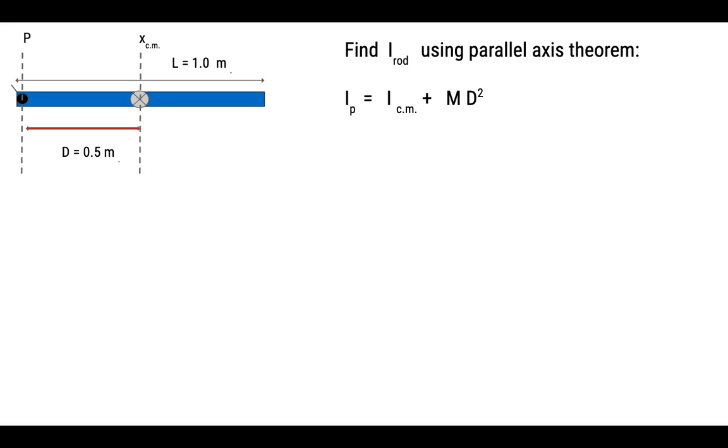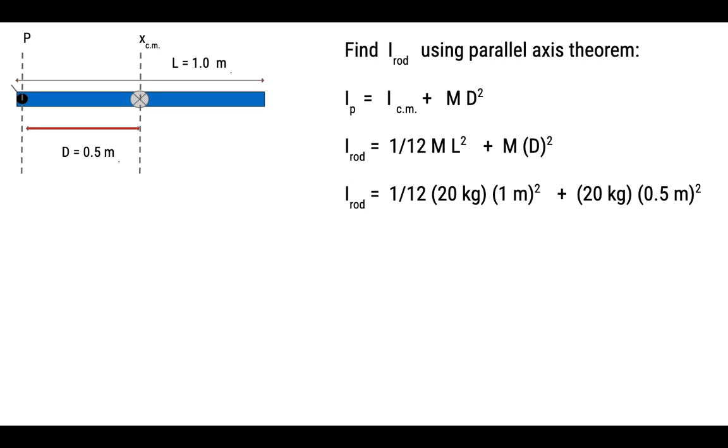So to find the moment of inertia of the rod about that axis of rotation, point P, we take I at the center of mass, which is 1/12 m L squared, plus m d squared. L here is the length of the whole rod, which is 1 meter. d, the distance between those two parallel axes, is 0.5 meters.